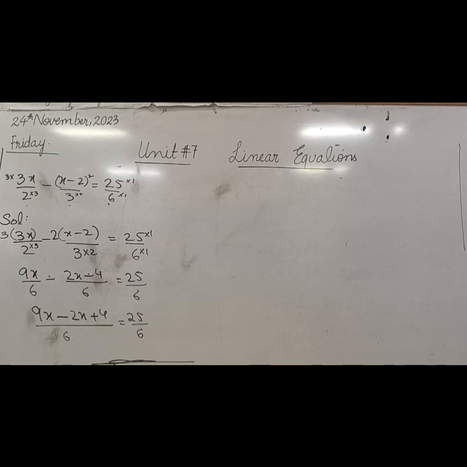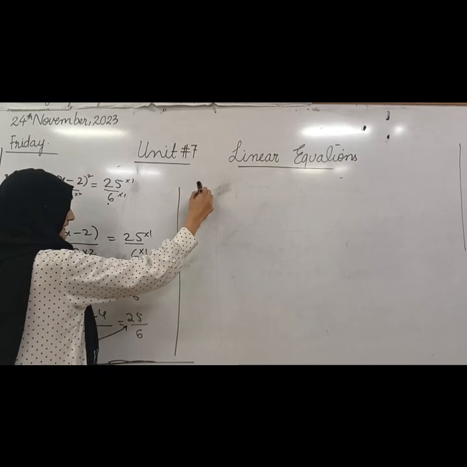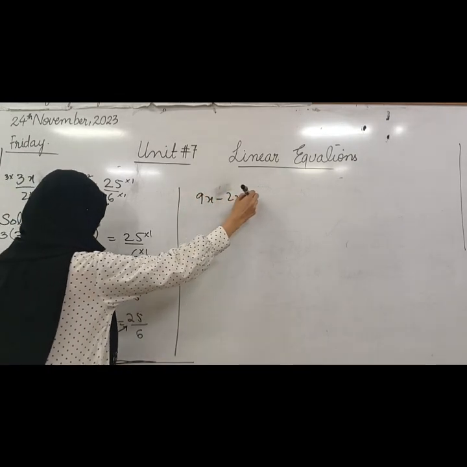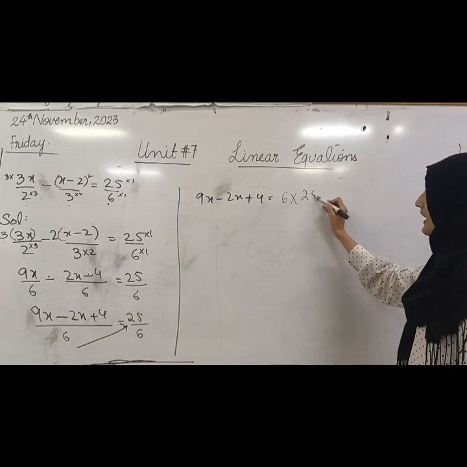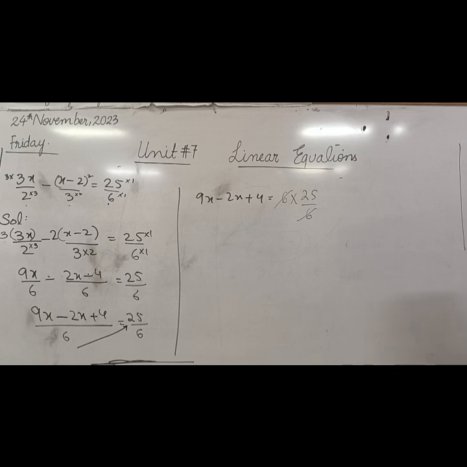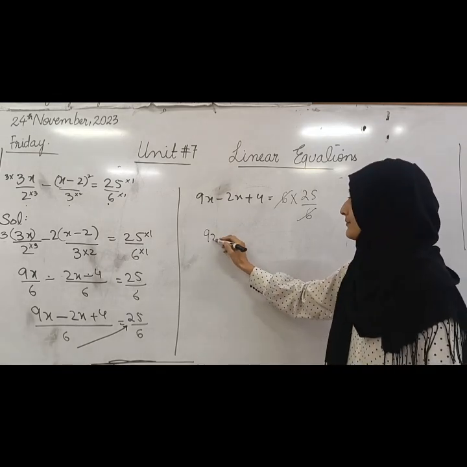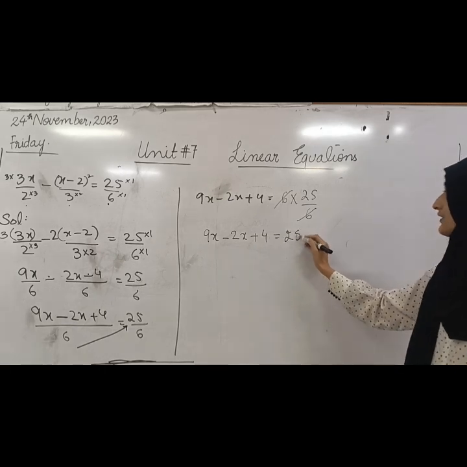We'll cross multiply this denominator to the right side. So it will become 9x minus 2x plus 4 is equal to 6 multiplied by 25 over 6. This will be cancelled. And we are left with 9x minus 2x plus 4 is equal to 25.